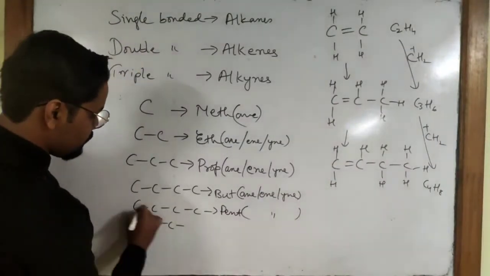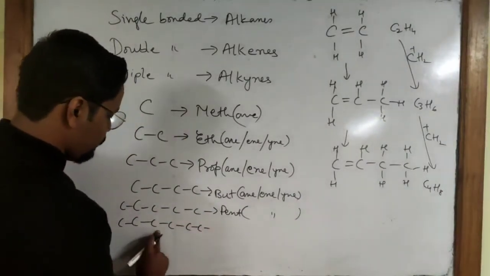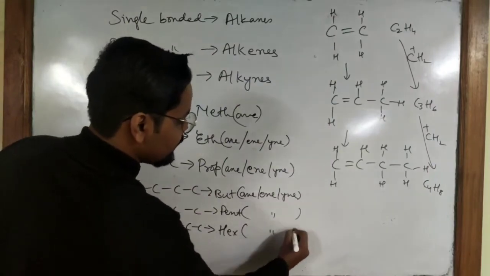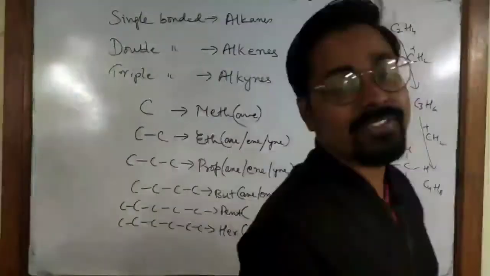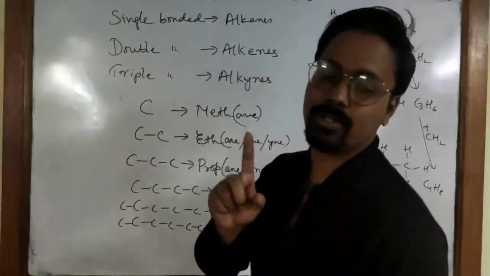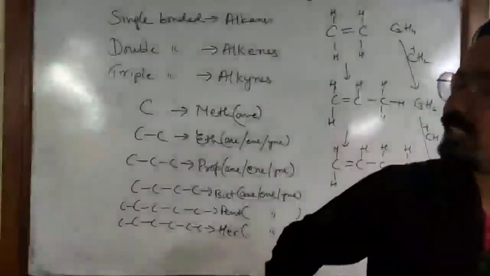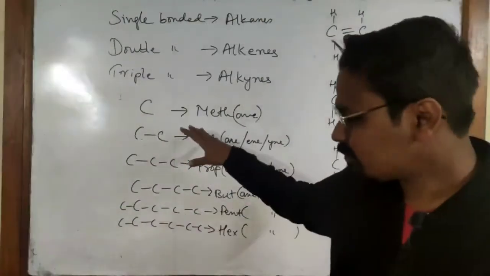6 carbons will go to hexane, and so on. Okay, so that's how we give the nomenclature. If the compound contains only a single carbon, it goes to meth, and if it has all single bonds, it is methane. If it has 2 carbon atoms, then it is called eth.